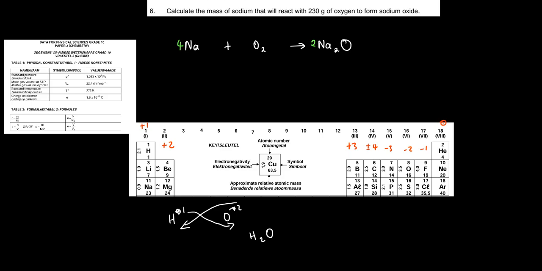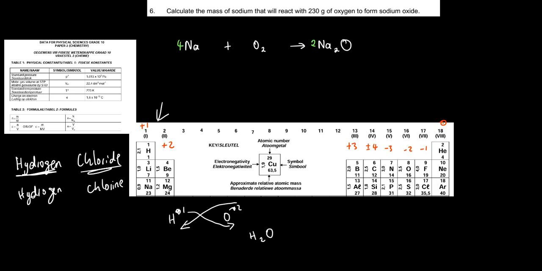And then let's say I give you hydrogen chloride. Hydrogen chloride means we're talking about the element hydrogen and the element chlorine. So I have to go and check.